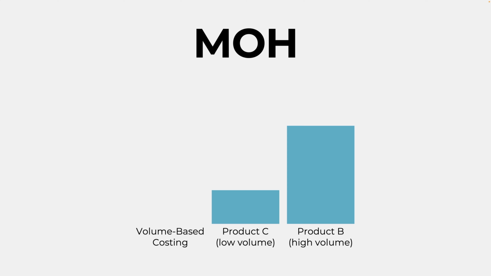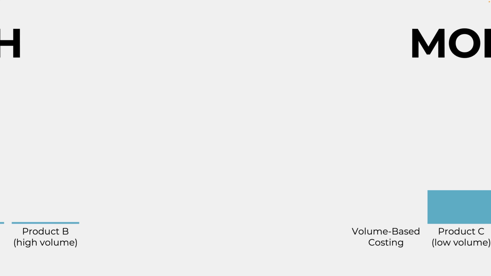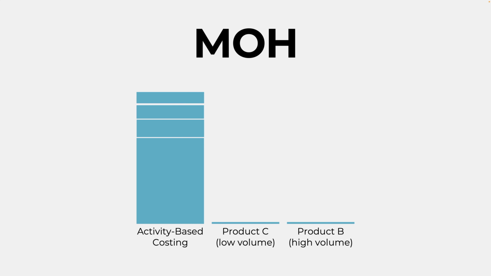Let's compare that to a more refined costing system. If we look at activity-based costing, once again, we have the total amount of overhead on the left. That's the $2 million. But instead of one solid bar, it's made up of multiple cost pools because we have more cost data now. This still needs to be allocated. The same 2 million has to be allocated to each product, but we can do so more accurately.